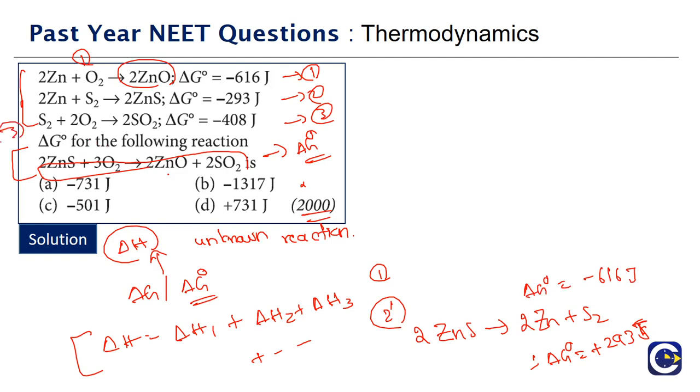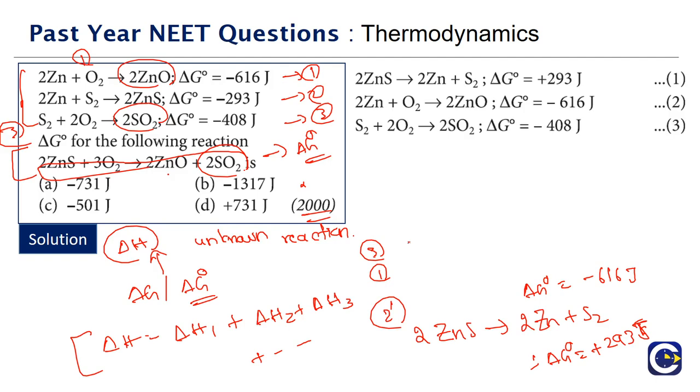Why? Because in the third reaction we have 2 moles of SO2. The same 2 moles of SO2 is also there in the overall reaction. Means third reaction is also as it is. So only the second reaction we are reversing it. Okay. So if you look at what are the steps we are doing, first we are reversing the second reaction.